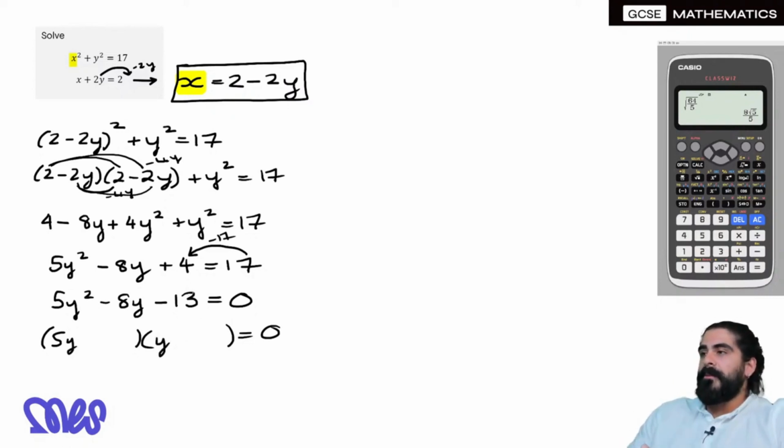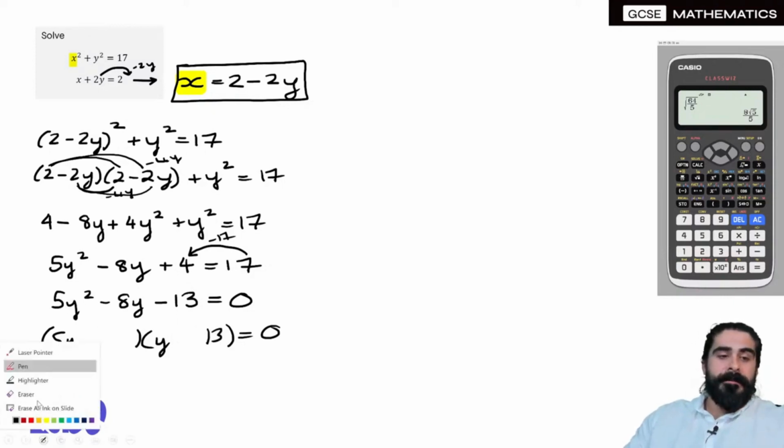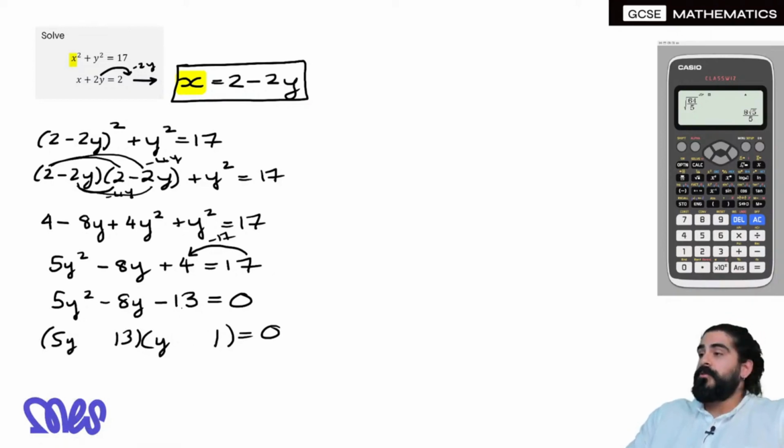13 is a prime number, so you can only have 1 and 13. Now think about this. 13 cannot go here because you'd be doing 5y times 13, which is a massive number. The middle number is 8. So I don't think we want the 13 there. I think we want the 13 here and the 1 here. 13 times 1 gives you your 13.